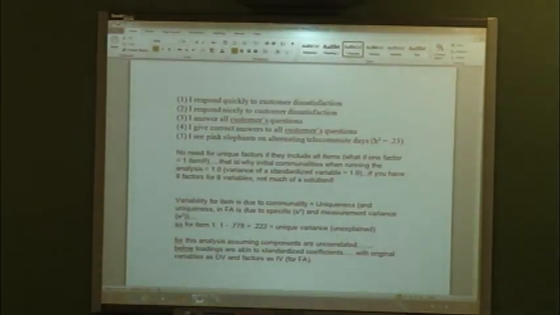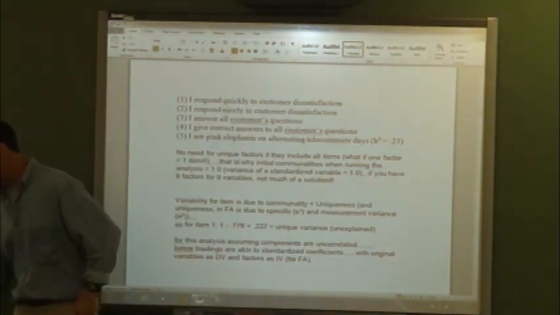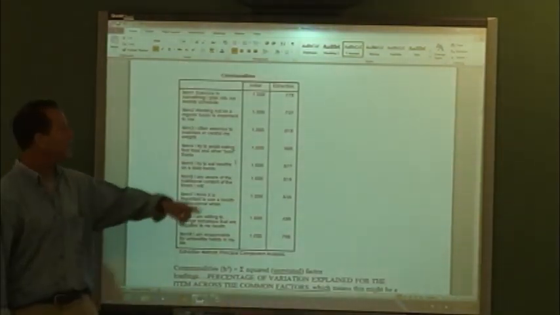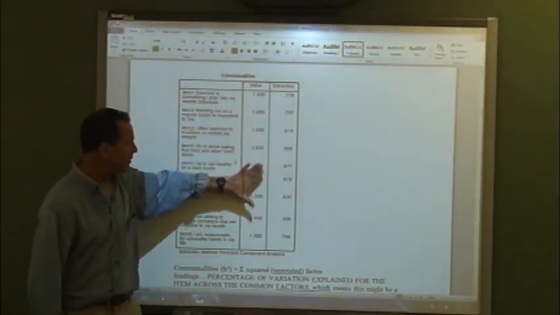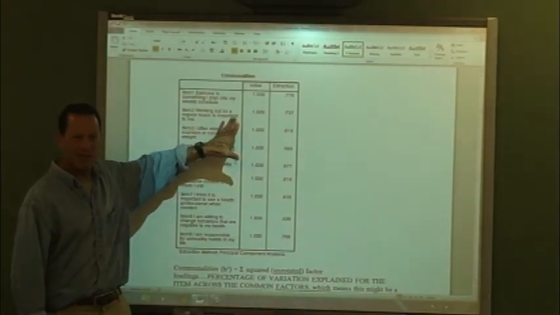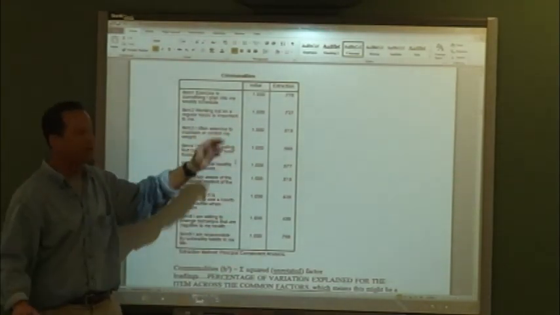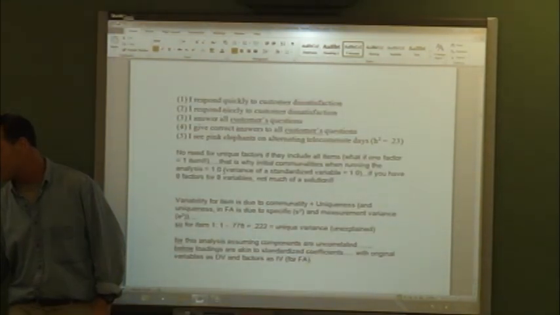So initial communalities when running an analysis for principal components is 1.0. The initial is 1.0. It starts off with 9 components, so to speak. But we're trying to reduce the dimensionality of it. And that's what principal components does, which you're going to soon see.